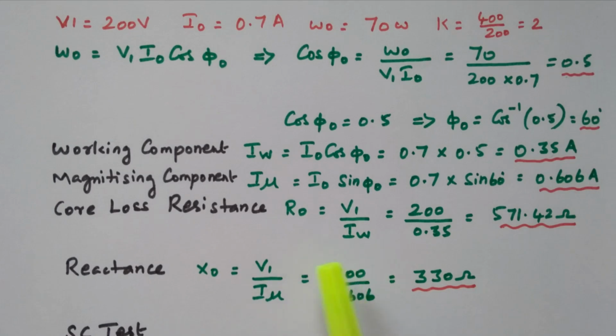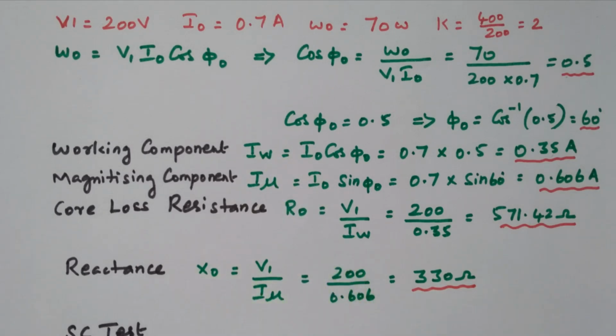Already we discussed that the iron loss happens in the resistive part, and the magnetizing current means it is inductive. So 200 divided by 0.35 is 571.42 ohm. Similarly the reactance X0 is V1 by I mu, that is equal to 200 divided by 0.606, it is 330 ohm. Now we calculated all 4 parameters IW, I mu, R0 and X0.